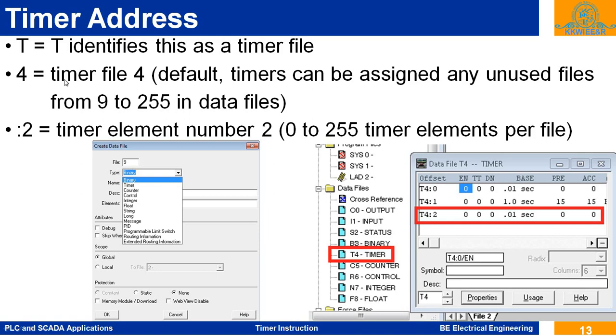For that timer, the address will change to T9. That file will start with T9, and again after the colon you mention the element number in the T9 timer file. In this way you can create more timer files, and in each file 256 timer elements, 0 to 255, are available.